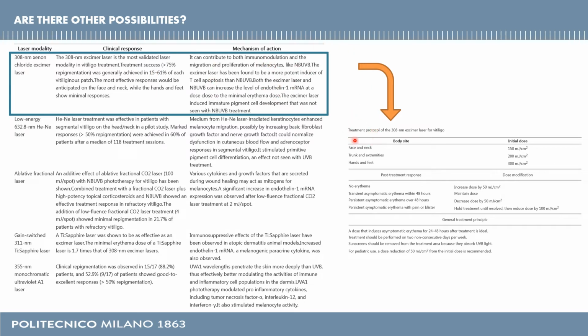Moreover, here we have the protocol for the clinical treatments that are involving this laser modality, and we have also the body sites, including the face and neck, trunk and extremities, and hands and feet lesions. Here we can even see the initial dose involved in the therapy. And in general, with this laser modality, the most effective responses are obtained for the face and neck.